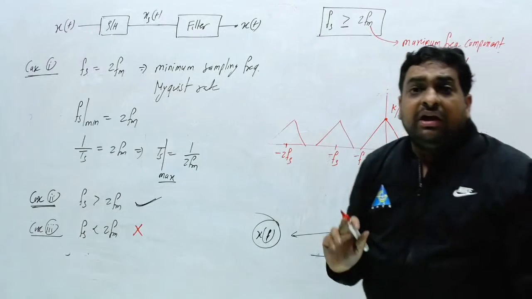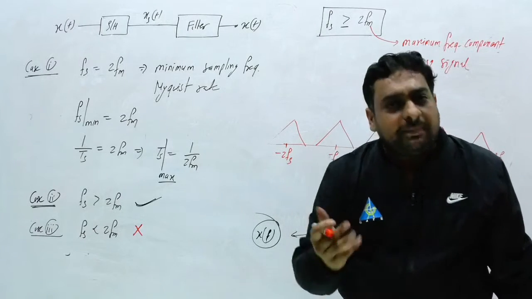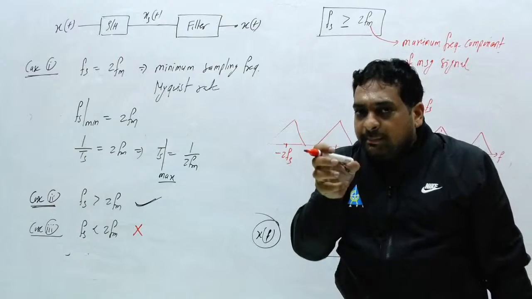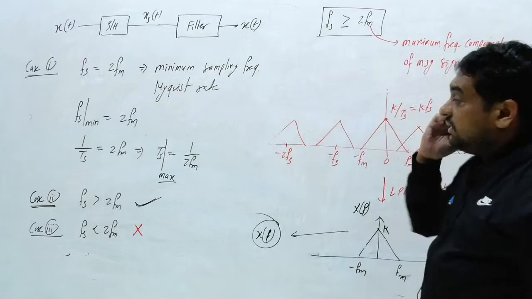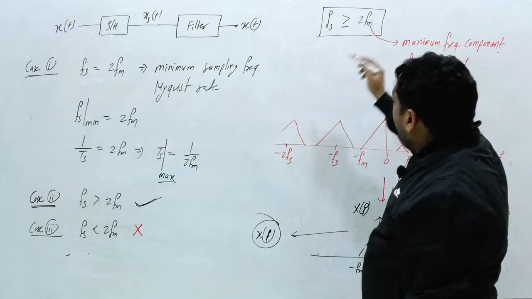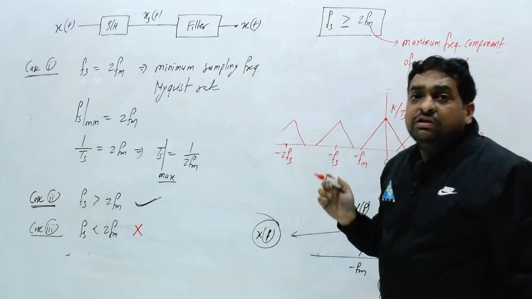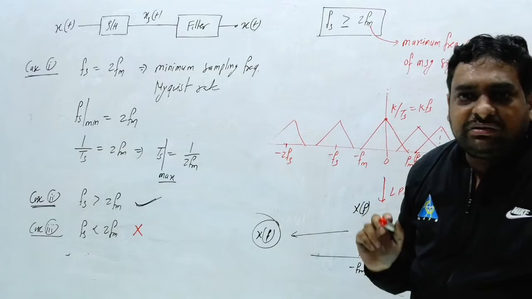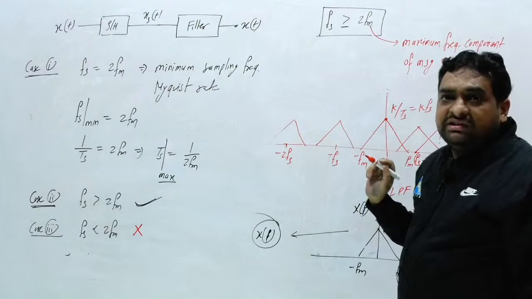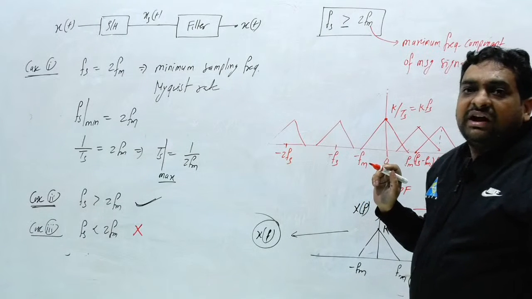If any signal contains 4 frequencies, what do you have to consider? The maximum frequency. Is this clear? Just remember, the sampling frequency should always be greater than or equal to twice the highest frequency of the message signal. This is called the Nyquist criteria.